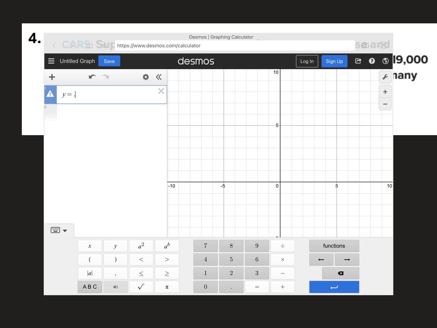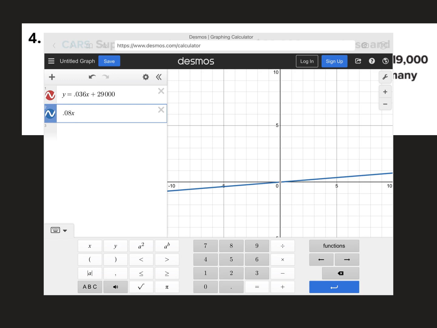0.036x plus 29,000, and then 0.08x. I forgot to put y equals, but I don't need it.